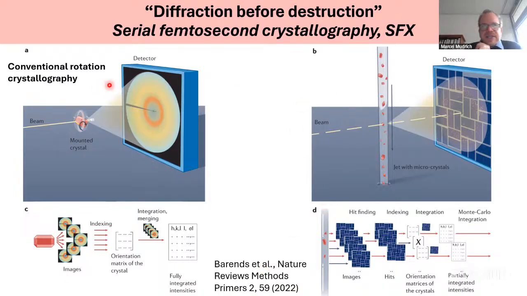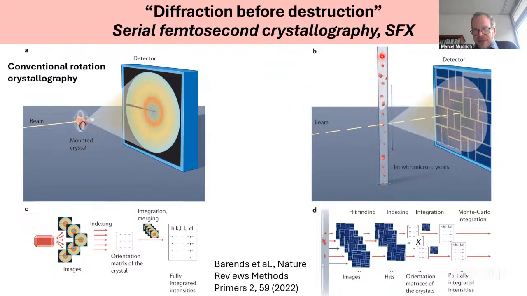basically compares the good old conventional rotation crystallography, where the crystalline sample was put into the beam and then rotated according to this rotation method to record the diffraction patterns for different angles.